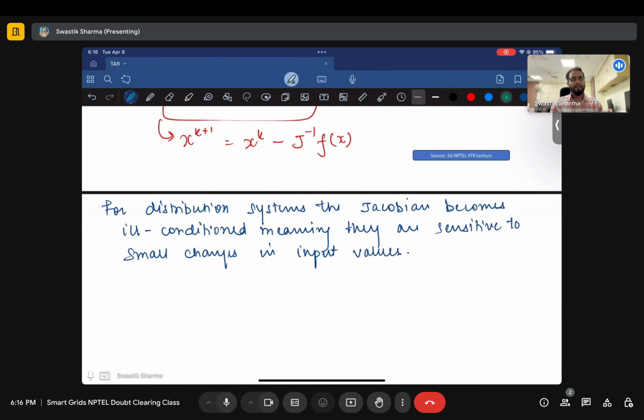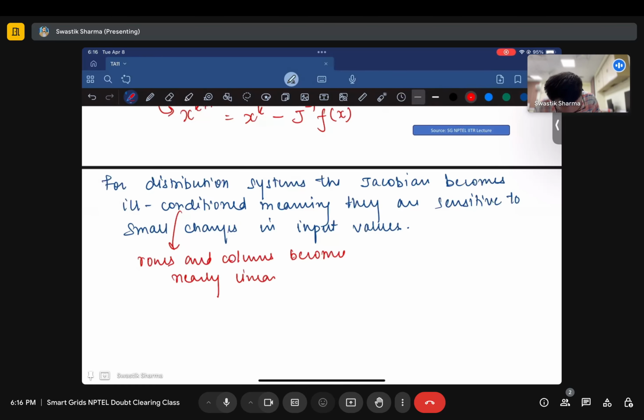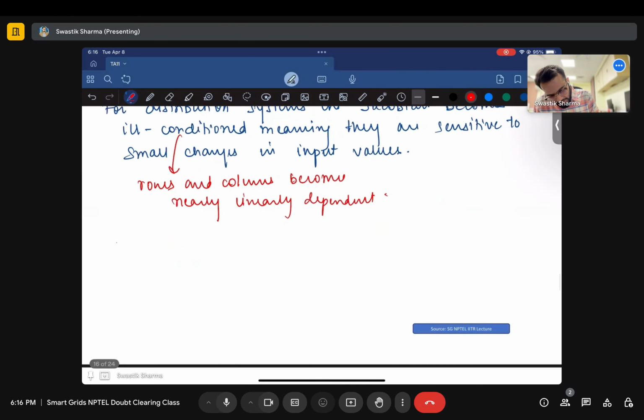And to check ill conditioned matrices, there's a very easy way. This refers to the fact that rows and columns become nearly linearly dependent. So if, for example, A would look something like this: 1, 0.999, 0.999, 0.998.